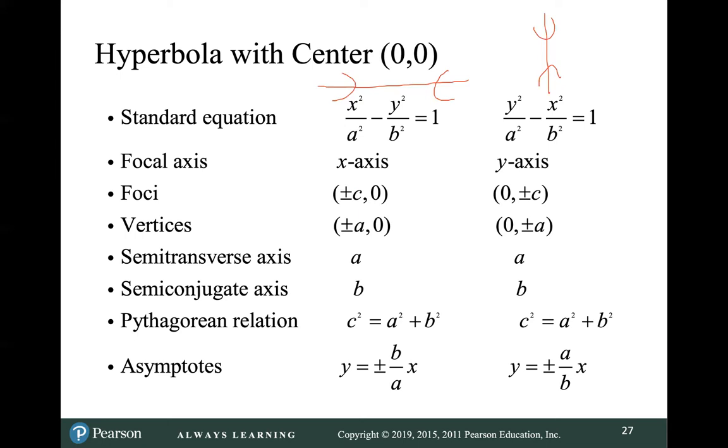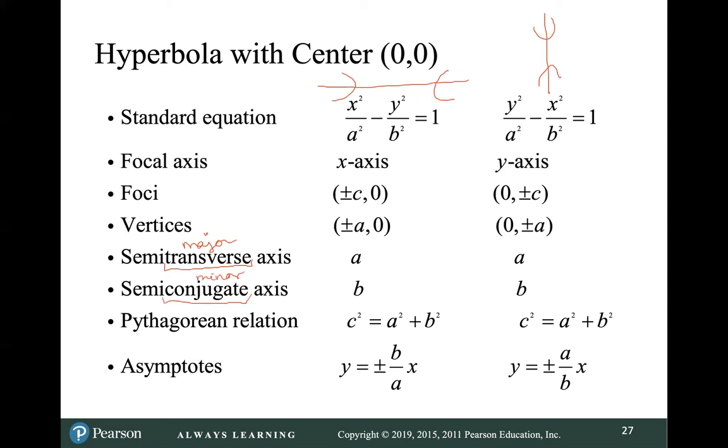Okay, the foci and the vertices are the same as an ellipse. And then instead of having a major and minor axis, we have our semi-transverse axis. That's just another word for major. The reason we don't use major and minor is because now our semi-transverse axis could actually be smaller than our semi-conjugate axis, which I think of as the minor axis.